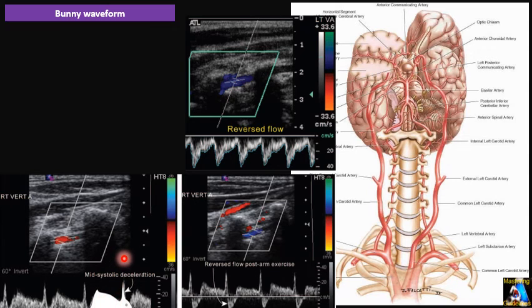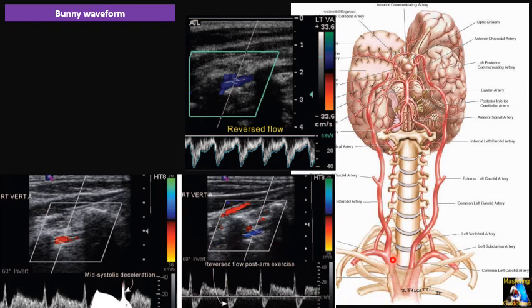In this situation, when the patient exercises by fisting and opening the hand for 2 minutes, if we have significant stenosis, we will see a reverse or negative blood flow at mid-systole, as you can see here, after exercise. It shows we have significant stenosis at that side of the subclavian.